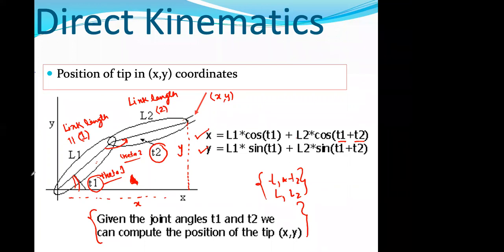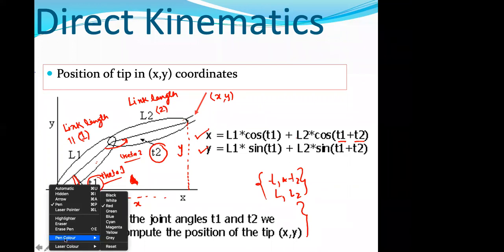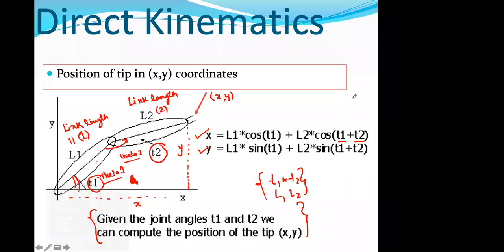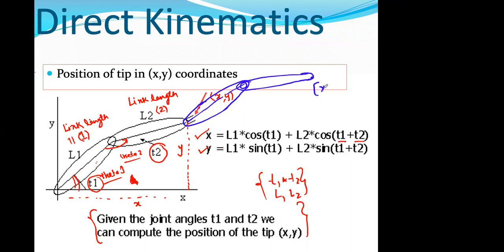Now we can enlarge the horizon of our thoughts. How can we have another link like here? We can have another link, and then another link like here, and we have to know the position here. So this is your new x dash and y dash. Here its link length is L3, and its link length is L4.